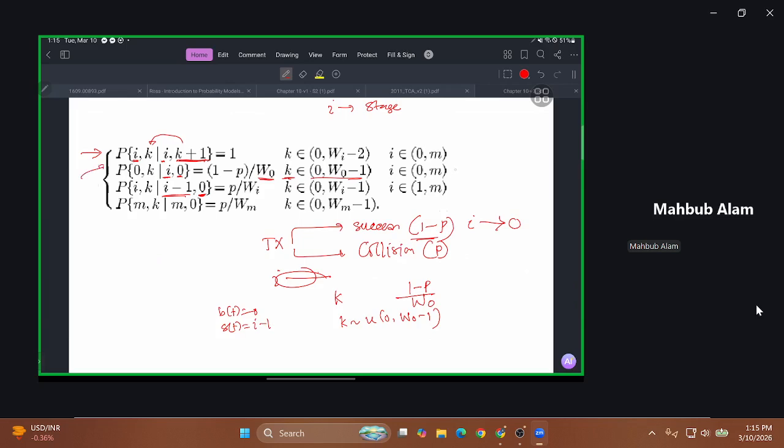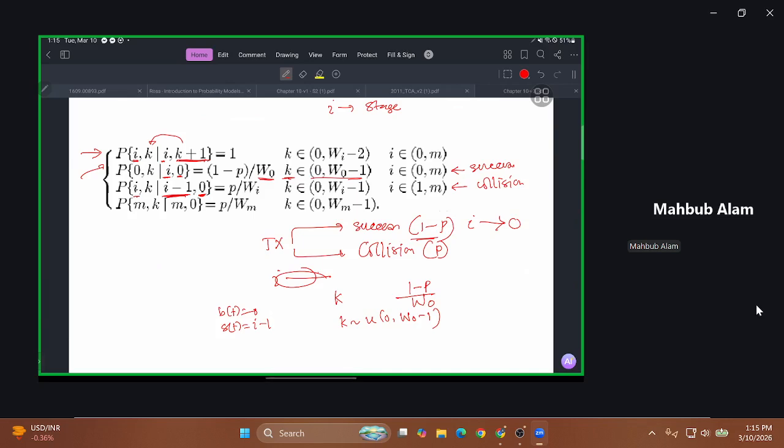So this line is for a success. This line is for a collision. When a collision will occur, then you need to increase your backup stage from I minus 1 to I. From I minus 1 to I. That means you increase the stage by 1.